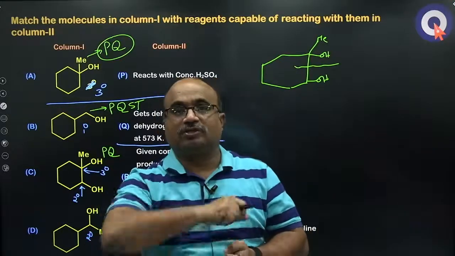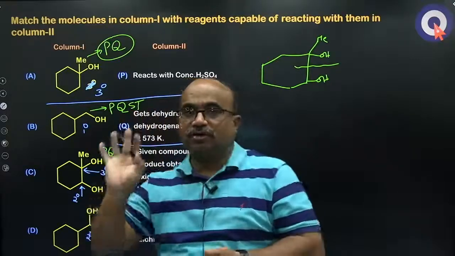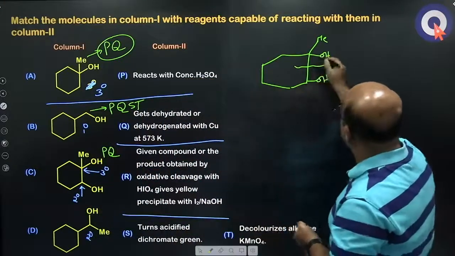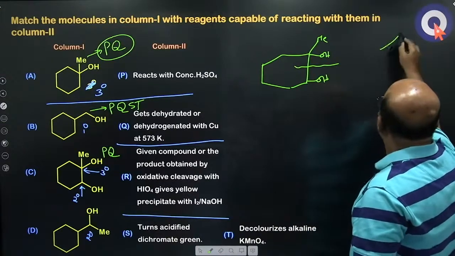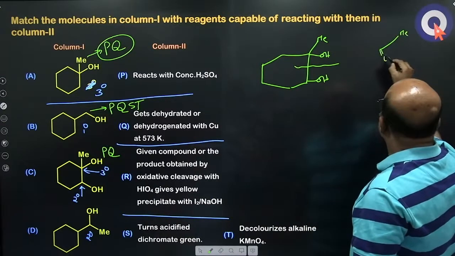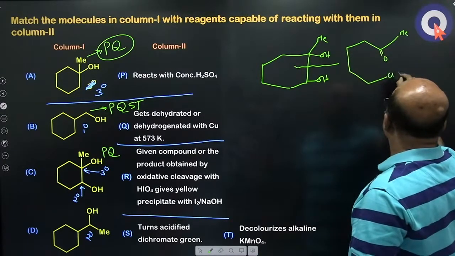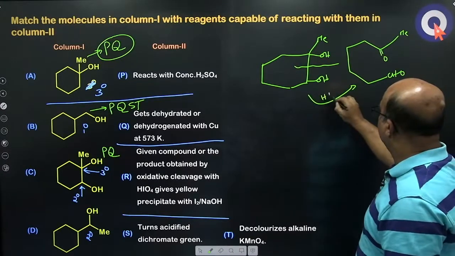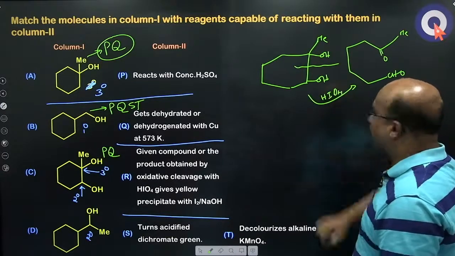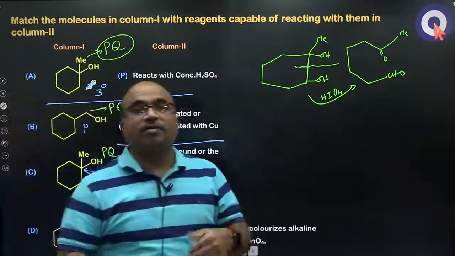Gem diols are unstable, they immediately lose water and convert into C double bond O. So this C converts into C double bond O, and this C into C double bond O. So you will see Me, C double bond O, CHO. This is the product of the HIO4 reaction, the periodic acid cleavage.